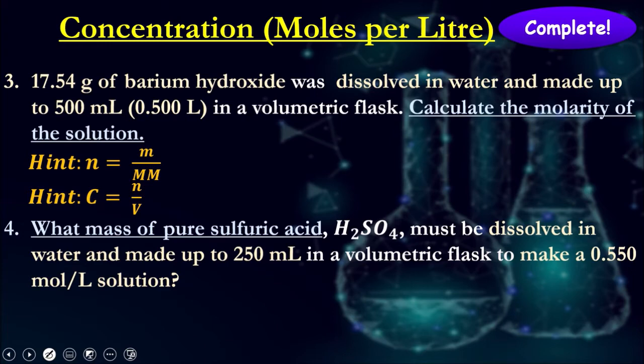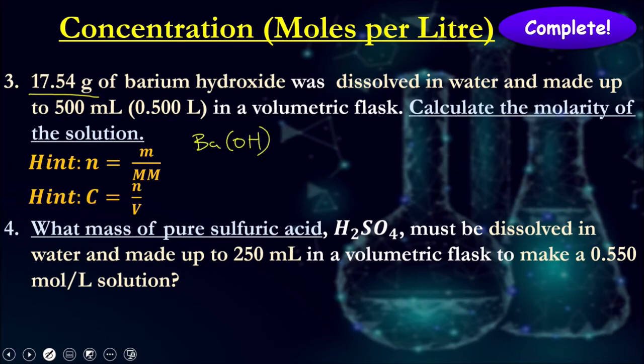So the next question we have here is question 3. I'm going to go through just one of these because I am short of time for this recording. So it says we have 17.54 grams of barium hydroxide. Barium hydroxide is this formula.